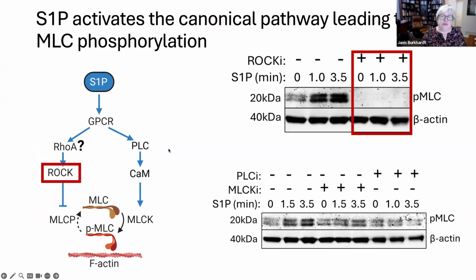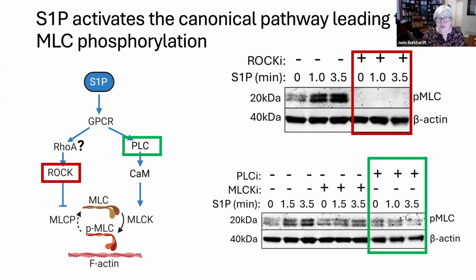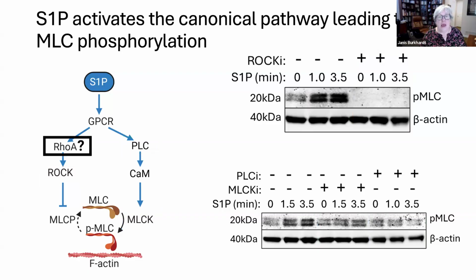He treated T cells with S1P in the presence of inhibitors, in this case, a Rho kinase inhibitor that totally wiped out even basal myosin light chain phosphorylation. He looked at a phospholipase C inhibitor that inhibits the signal-dependent phosphorylation, and he looked at a myosin light chain kinase inhibitor, and that had the same effect. So it seems that all of this canonical pathway is involved here. And that really left the big question, okay, does S1P activate Rho? Because it would seem so based on this.